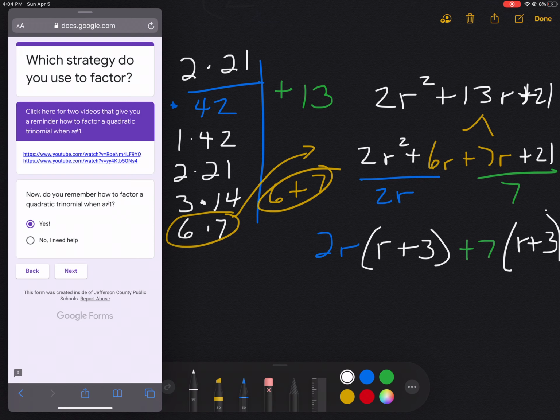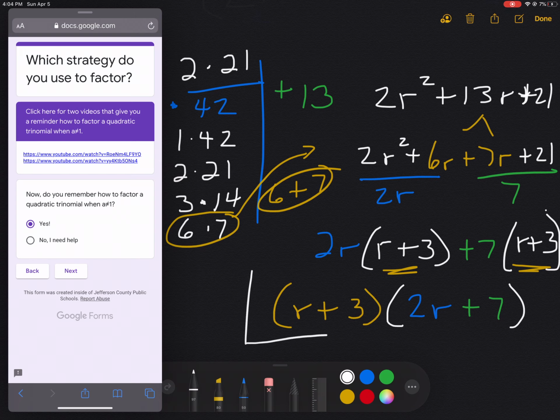So remember, you know you're on the right track when you have that binomial that ends up being common. You're going to factor out that r plus 3. And remember, the 2r plus 7 go into the other parentheses. So we don't have anything quadratic anymore.